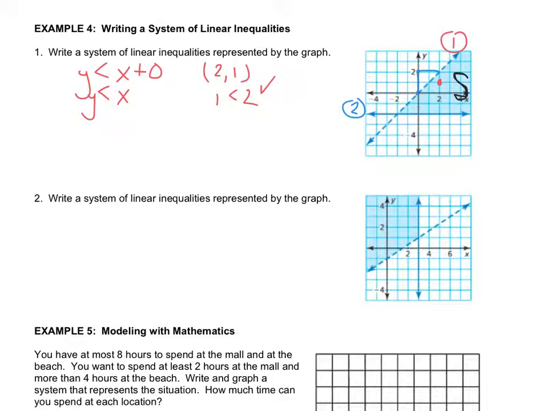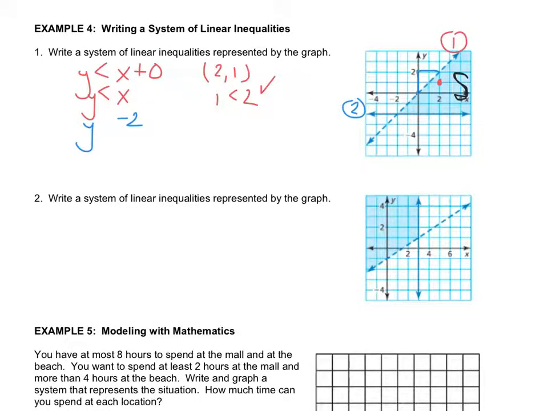So this is a horizontal line. It's a solid line, so I know it has the "or equal to" part. The horizontal lines I know are y, and then there's no x's, but where it crosses is at -2. Now in this case, all the points that go upward.